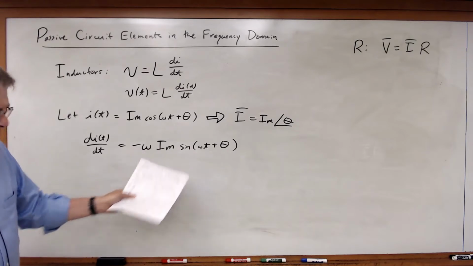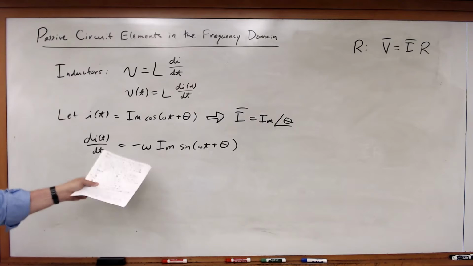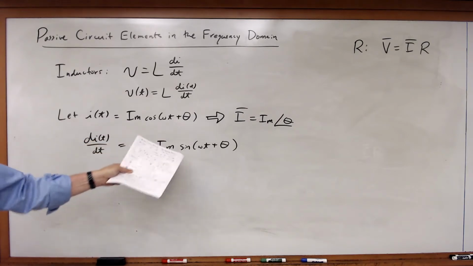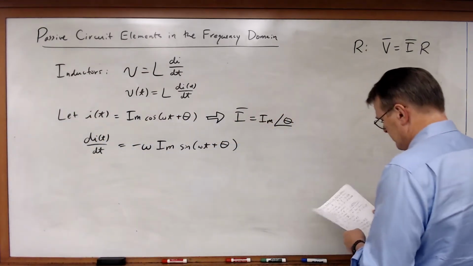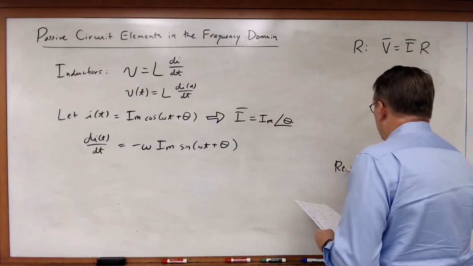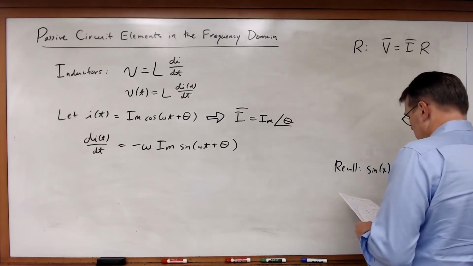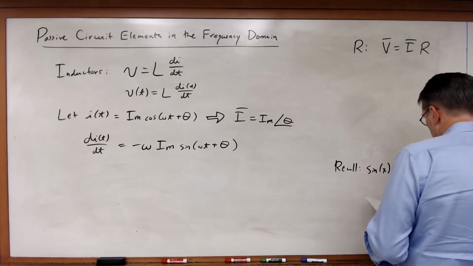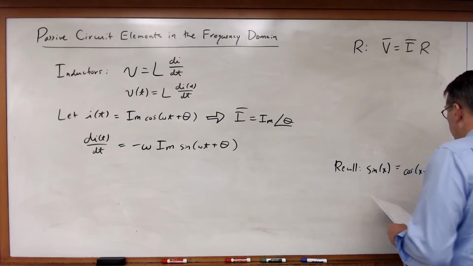But we want to get that back into cosine form because we want to be able to compare our original form with this. What's the relationship of the cosine to the sine? Well, we recall one of our trig identities that sine of x is equal to cosine of x minus 90 degrees.